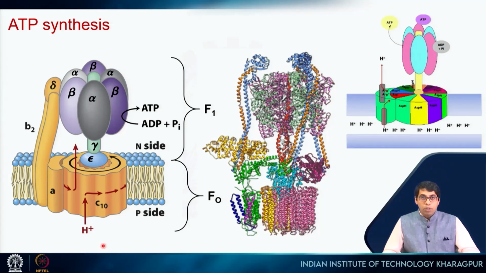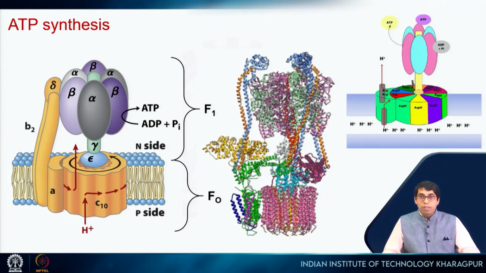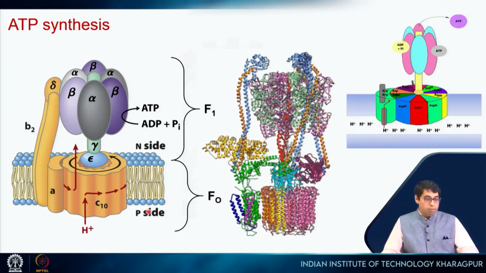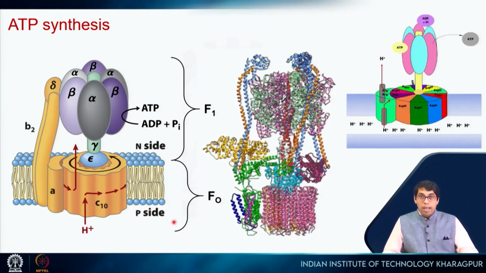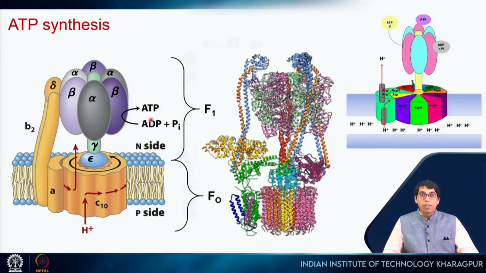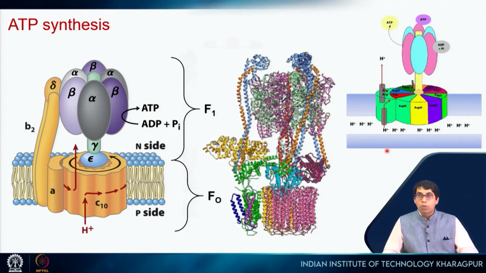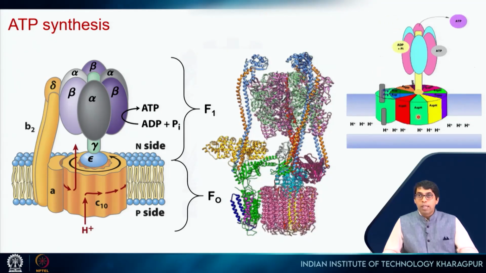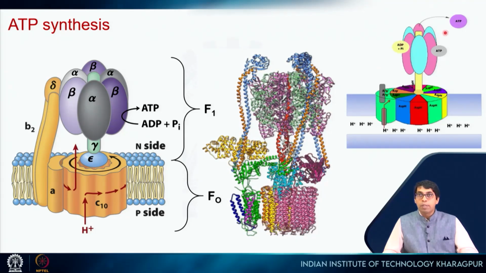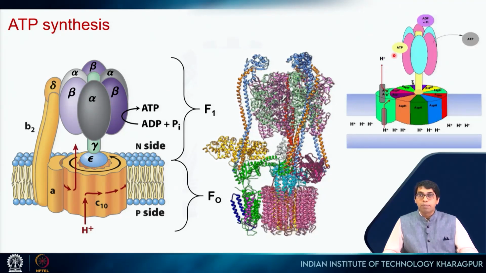When protons go in, it drives the rotation of this motor. This is a very fantastic molecular machine, and this energy is used to convert ADP into ATP. So, protons are going in, there is rotation here, and that energy is used to synthesize ATP from ADP.